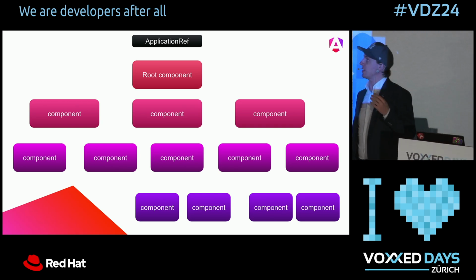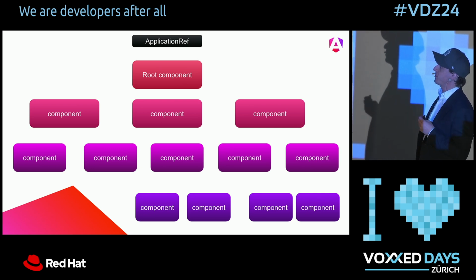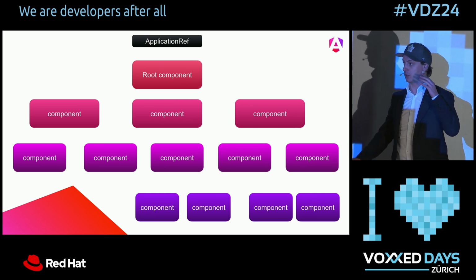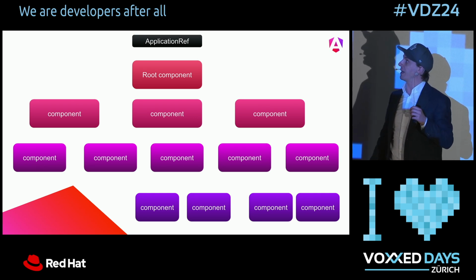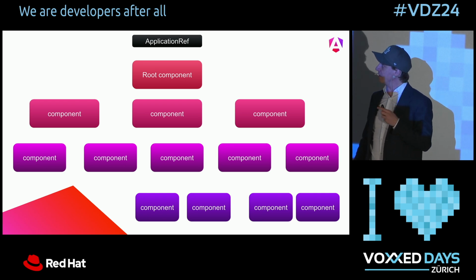When we talk about change detection, we have this concept of a rendering tree. So you have your app, represented by an application ref, and you have your tree down below.